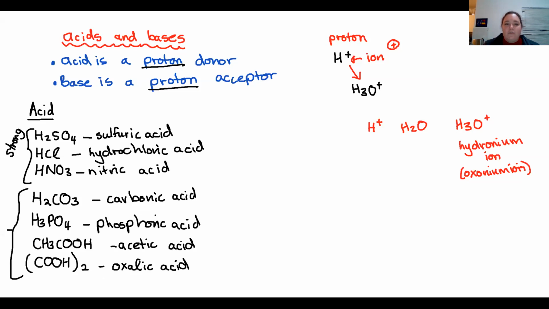Just a quick thing for those of you on your organic chemistry, acetic acid is CH3COOH. Please note, even though we've said that an acid is a proton donor, only this H is acidic. These hydrogens are not technically protons.